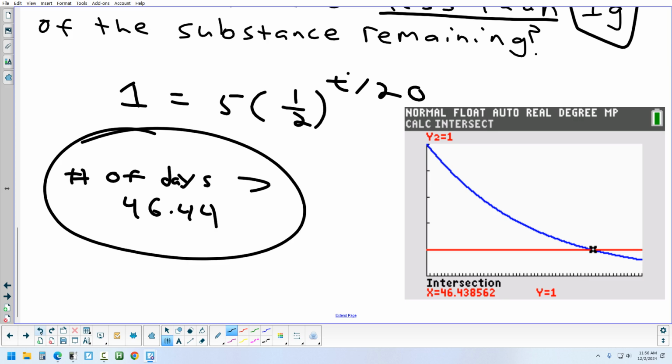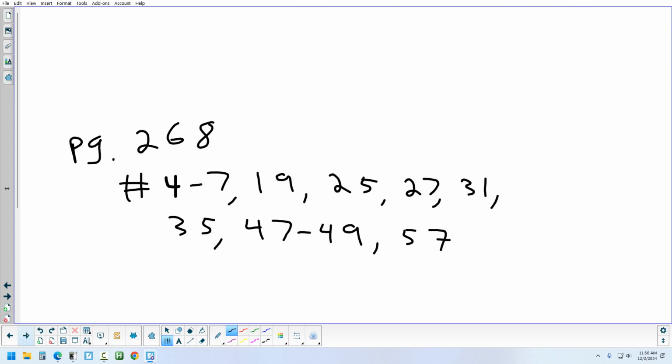All right, so that is exponentials. I do need to just adjust 2 questions. 27 is okay.